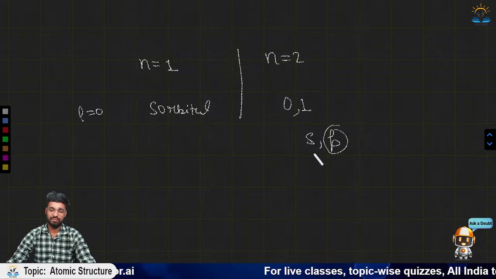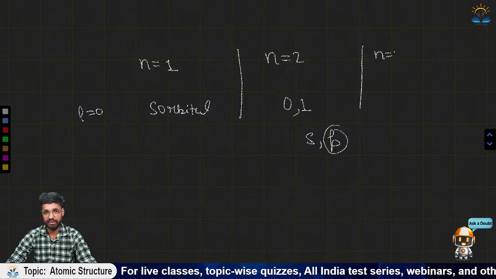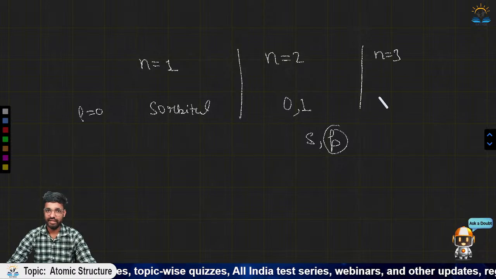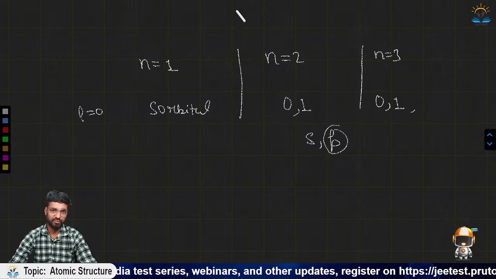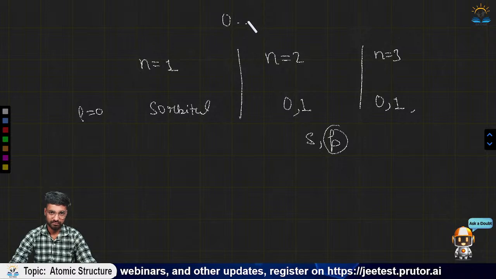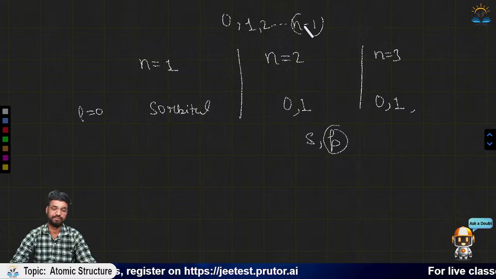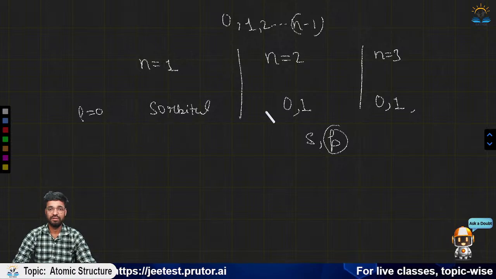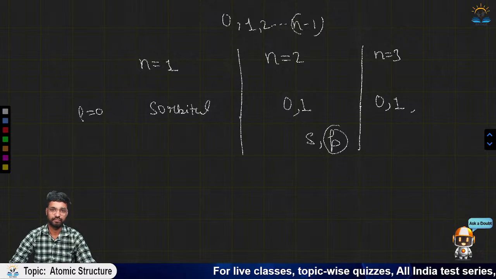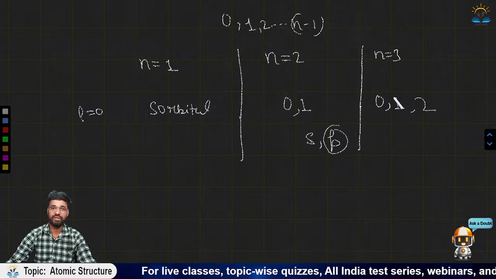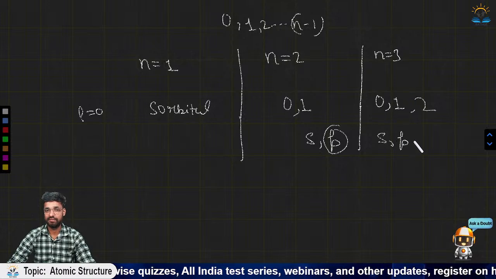Now for n equals 3, using the formula, we have l from 0, 1, 2, up to n minus 1. So we have 0 for s, then 0, 1 for s and p. Then for 3 we have 0, 1, 2, meaning 0, then 1, then 3 minus 1, which is 2. So s, p and d.